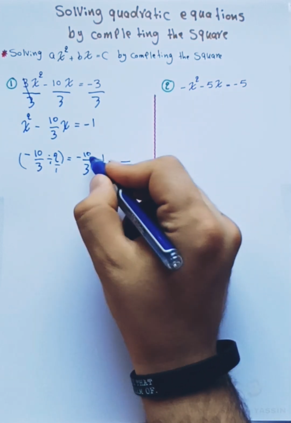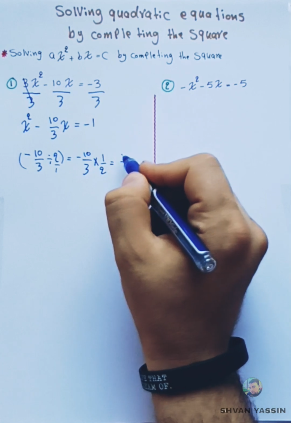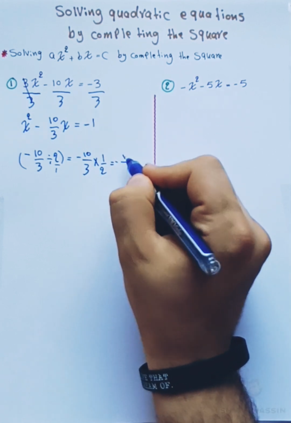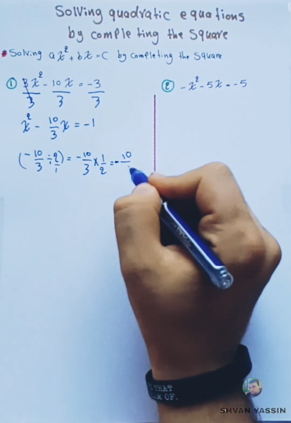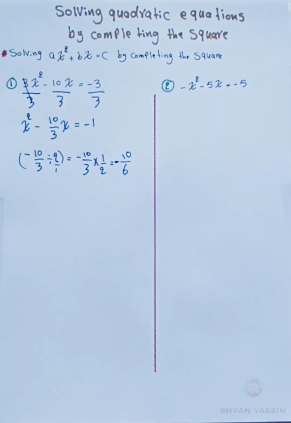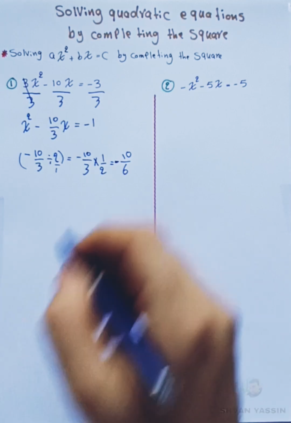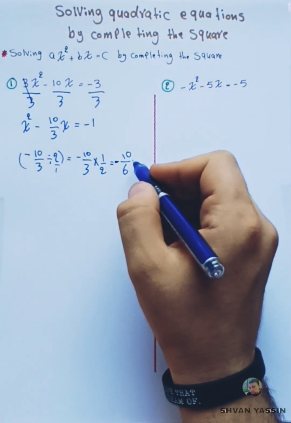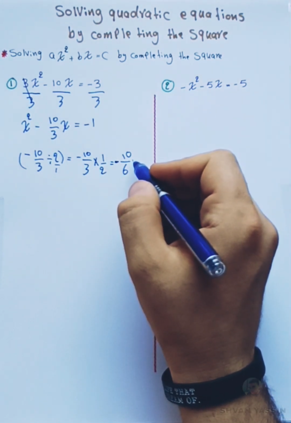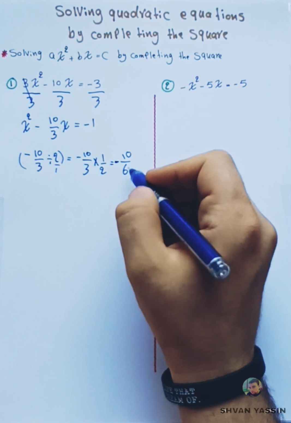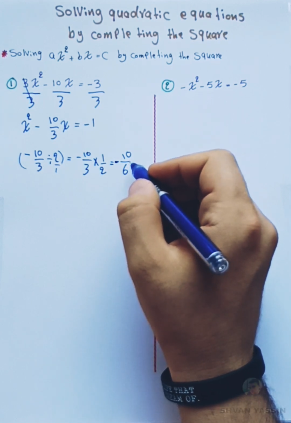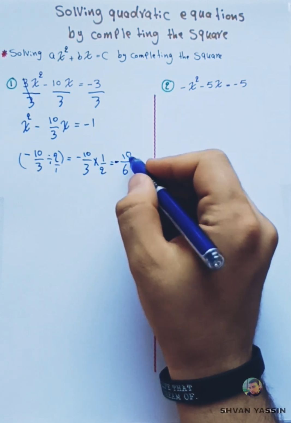After that, you have to multiply 10 times 1 equal to 10. 3 times 2 equal to 6. After that, you have to write this fraction in simplest form. The greatest common factor for 10 and 6 is 2.